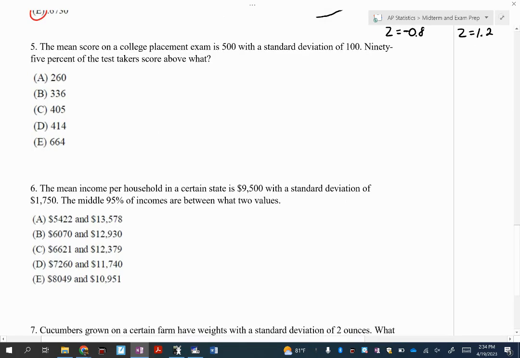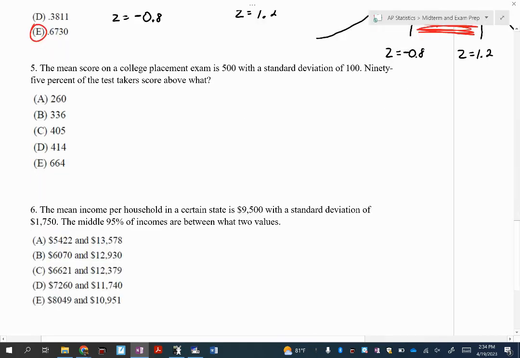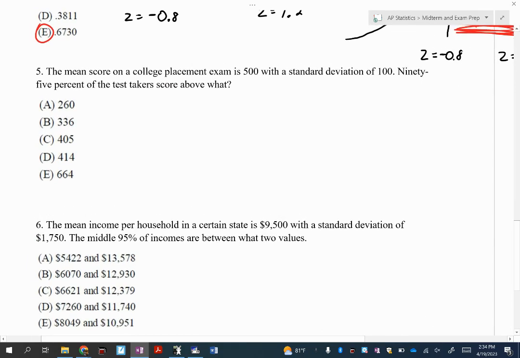It says the mean score on a college placement exam is 500 with a standard deviation of 100. 95% of the test takers score above what value? So I kind of just drew a mini curve. What's right down the middle? 500, right? And you can do the standard deviation of 3 to the right and 3 to the left.